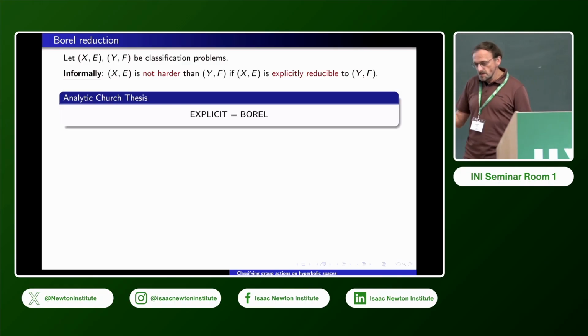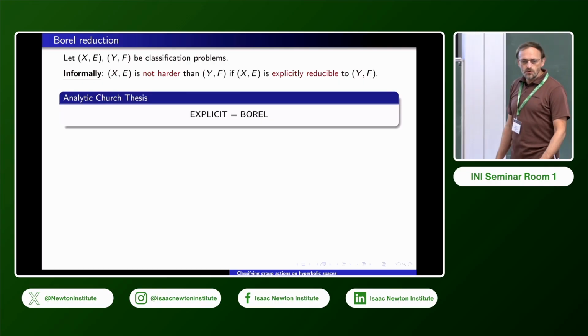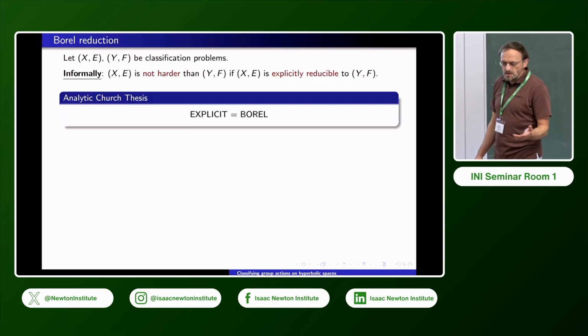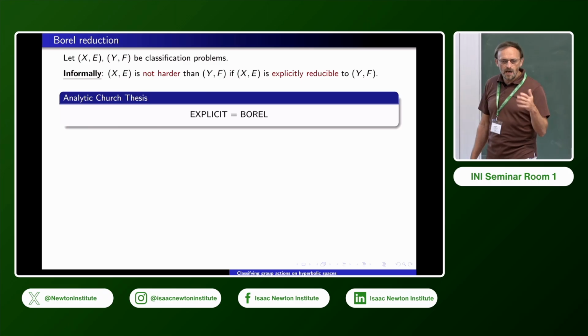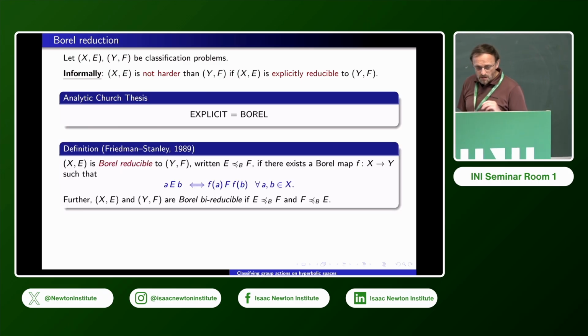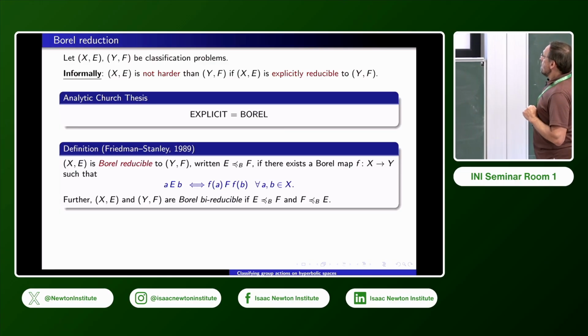Well, there is this informal statement, which is sometimes called Church thesis for analysis, that explicit means Borel. And the reason is that, of course, to construct something non-Borel, you usually have to use the axiom of choice. So here is the classical definition, which goes back to Friedman and Stanley.